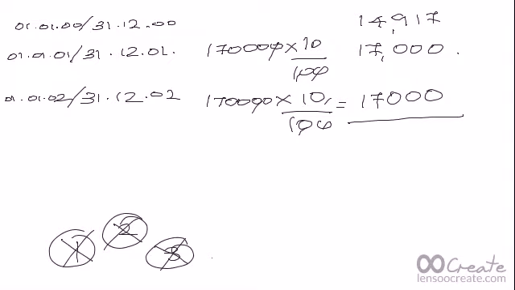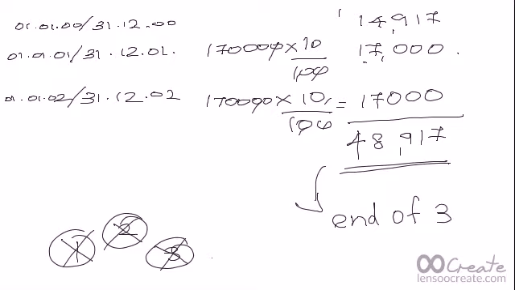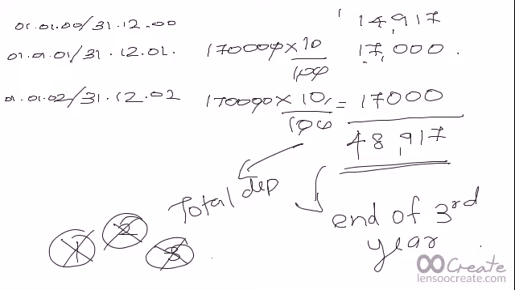So at the end of the third year, you will have a total depreciation of 14,917 plus 17,000 plus 17,000, which is 48,917, the total depreciation at the end of the third year.